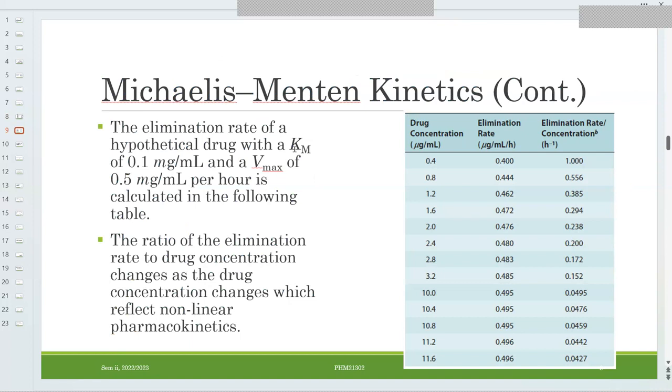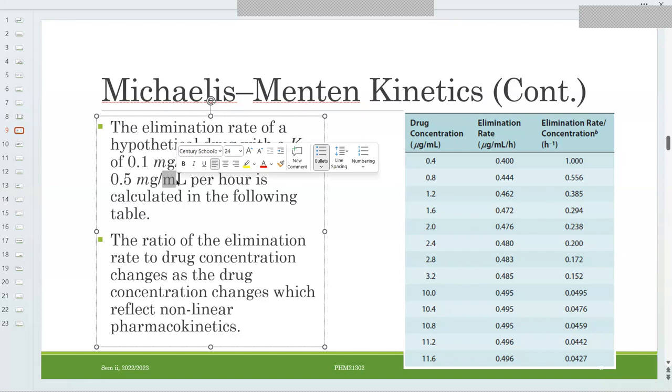A hypothetical drug has a Km value of 0.1 milligram per ml. This is the concentration unit. Vmax, the rate of elimination, means amount divided by time, so Vmax should be milligram per minute, amount per time, or say milligram per hour.